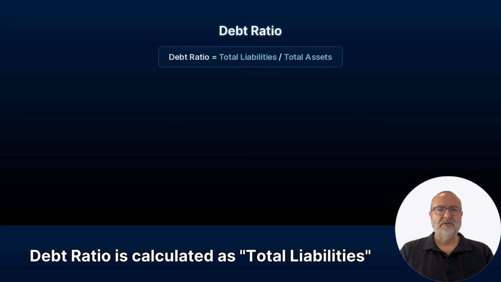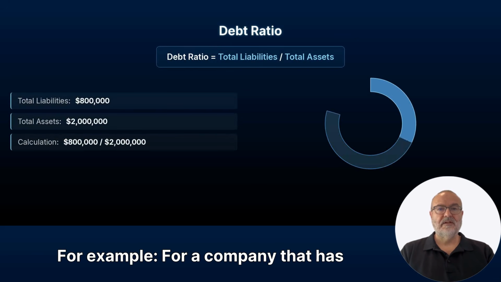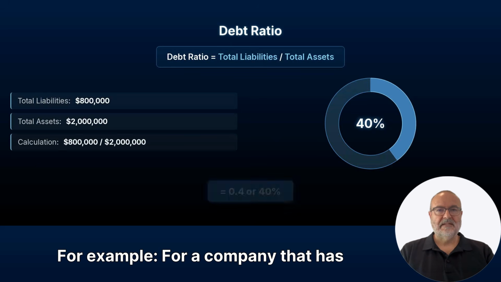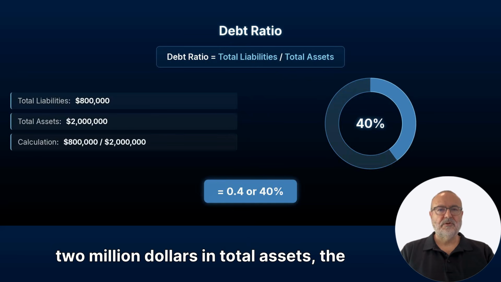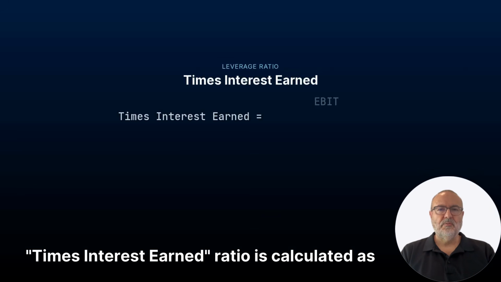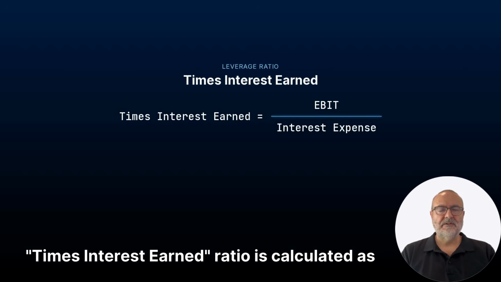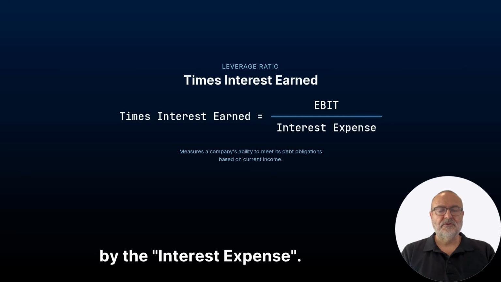Debt ratio is calculated as total liabilities divided by the total assets. For example, for a company that has $800,000 in total liabilities and $2 million in total assets, the debt ratio would be 40%. Times interest earned ratio is calculated as earnings before interest and taxes divided by the interest expense.